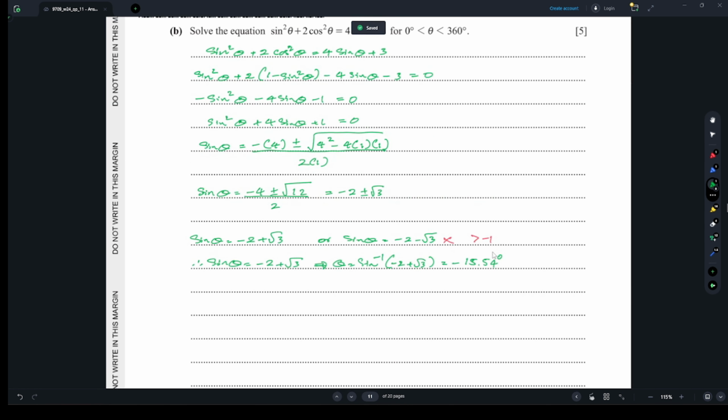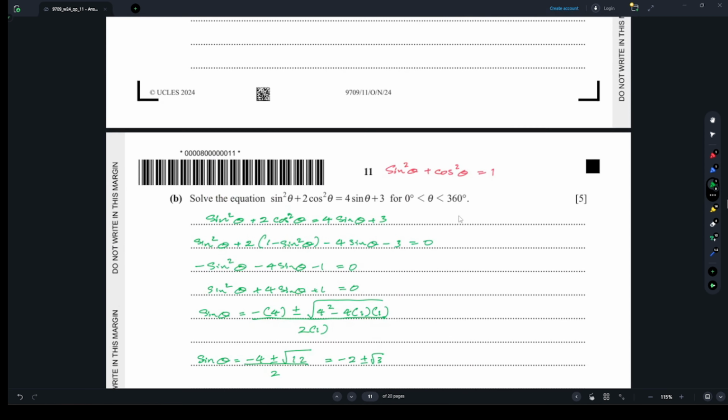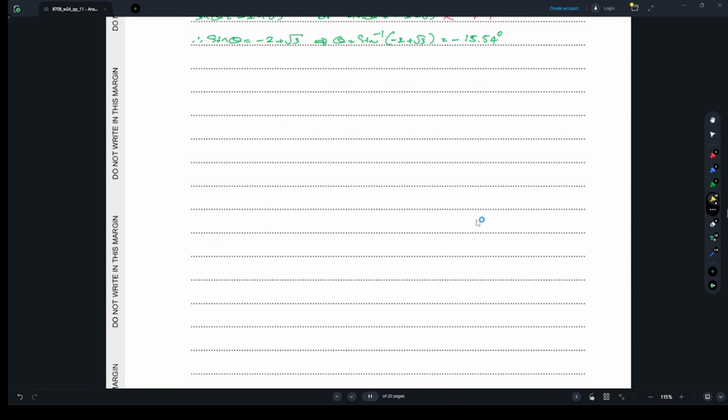But now, this is not our answer, because we want to find the answers for theta, and here you must pay attention to the range that they gave us. So our answer should be in between 0 and 360. What do we have to do now?